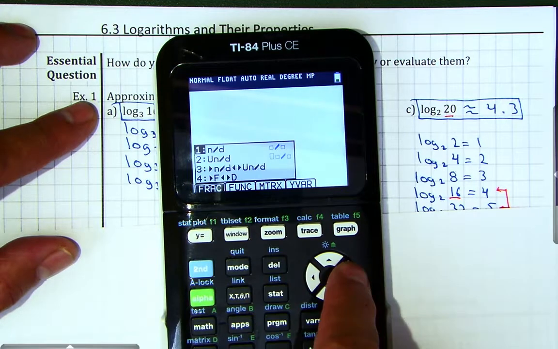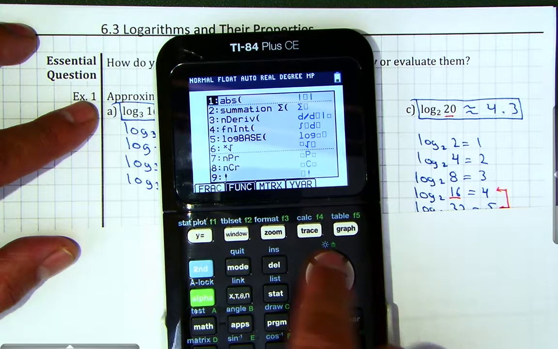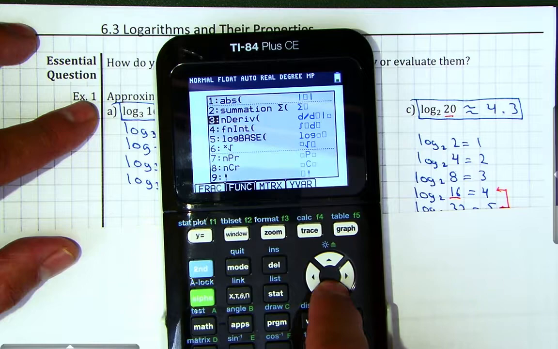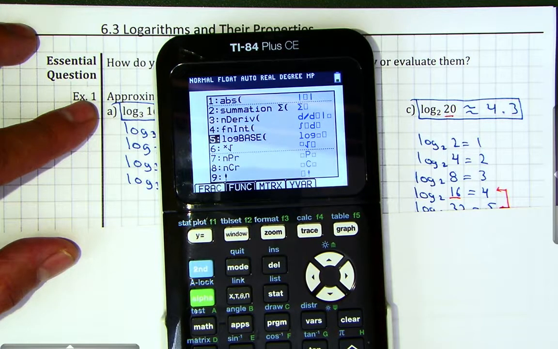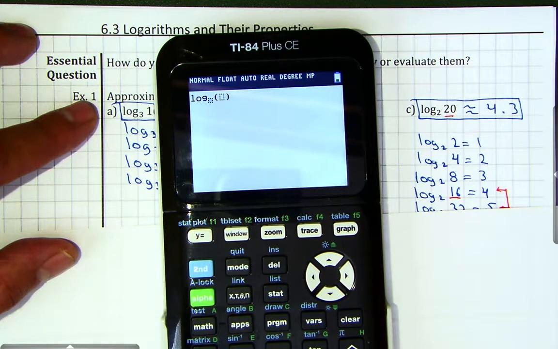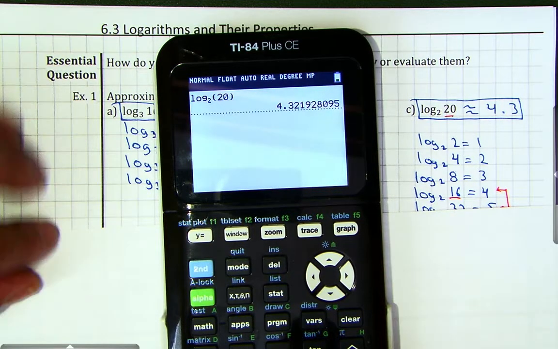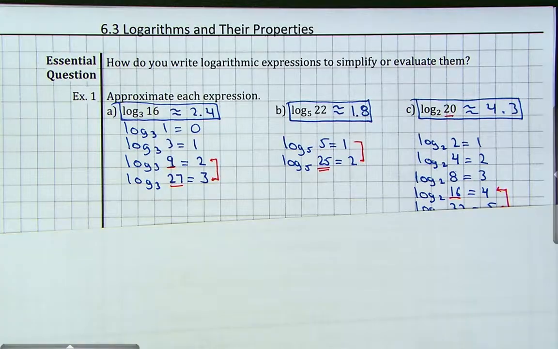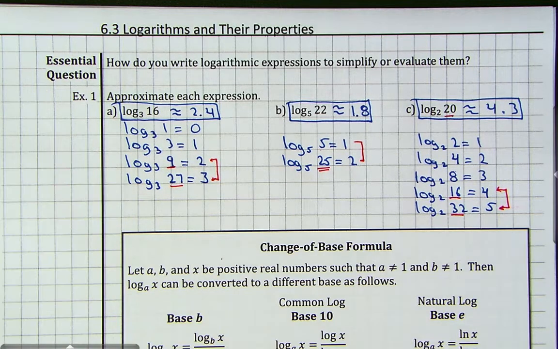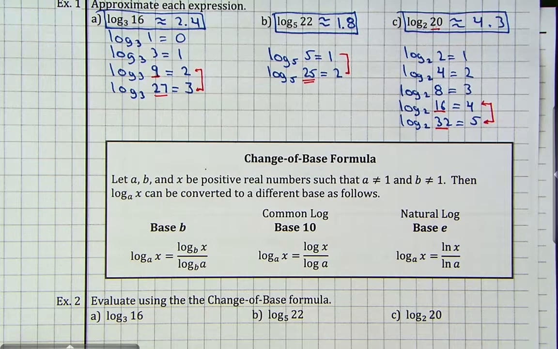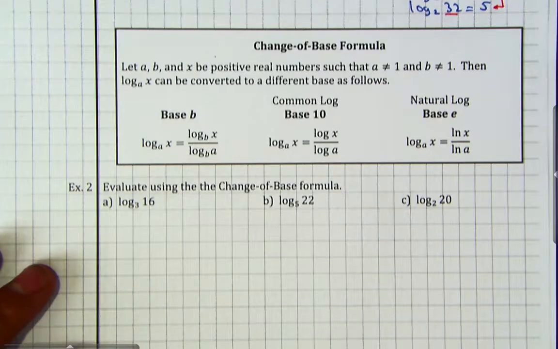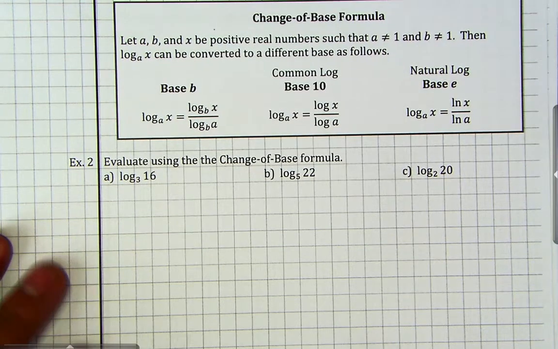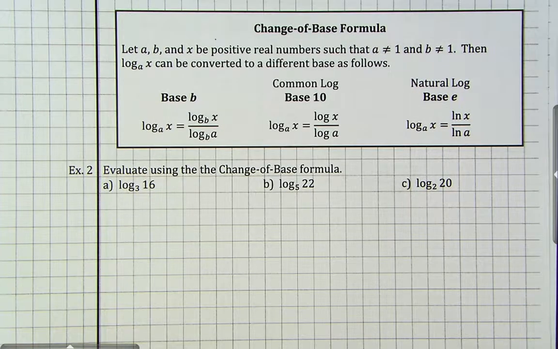I'm going to go to the right and notice number 5. You can press 5 or just go down to 5 and press enter. And I can say log base 2 of 20, 4.3. Perfect. So that's another way of doing it. So take the time to paste your cutout, write example number 2, and we'll start once you are ready. Go and pause it.